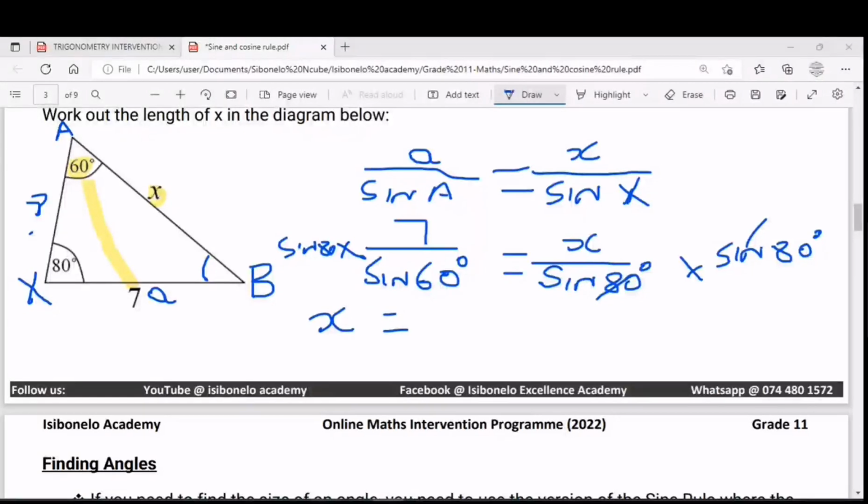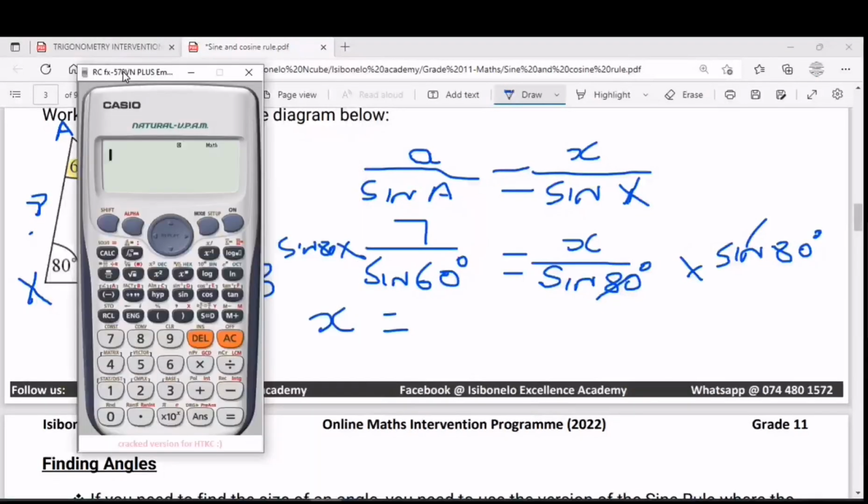Now it's about using the calculator. So now you punch in your calculator. Please let me open mine here. But you can punch in yours and tell me what you get. So sine 80 multiplied by the fraction 7 over sine 60 degrees. Then round it to 2 decimals.